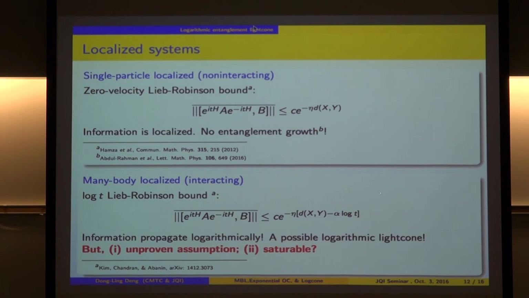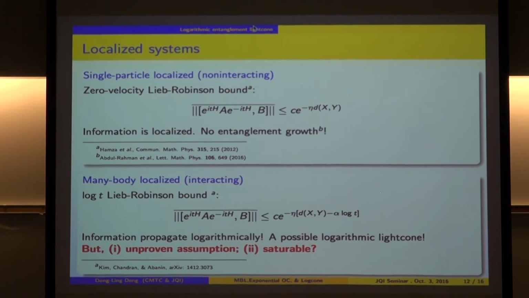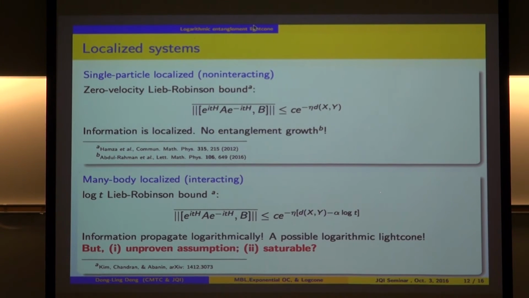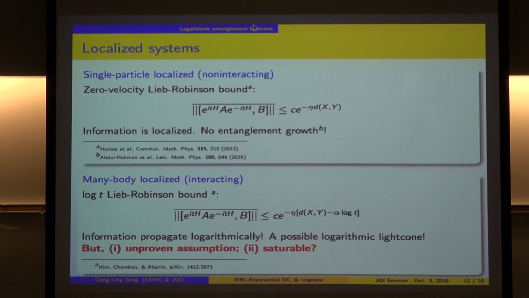As you can see here, information can only propagate out logarithmically in time. So this gives us a possible logarithmic lightcone. However, this bound is derived from some unproven assumptions, basically the local integrals of motion for the many-body localized system. Another question is whether this bound can be saturated or not.